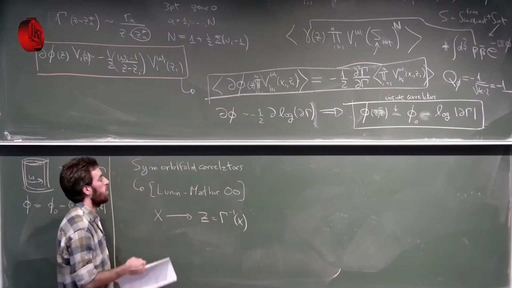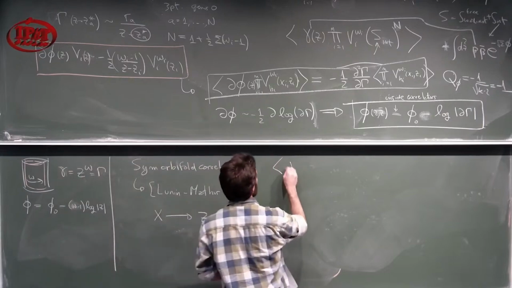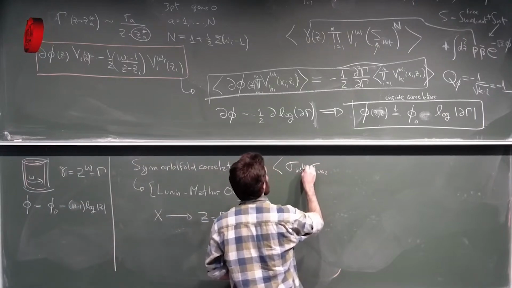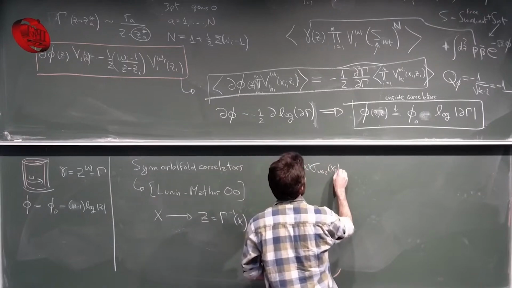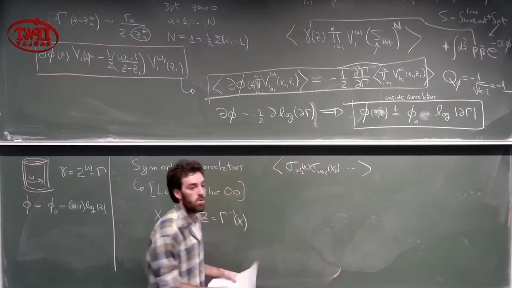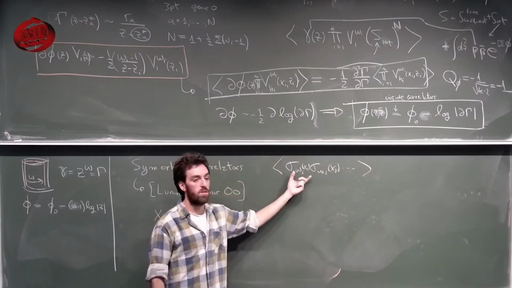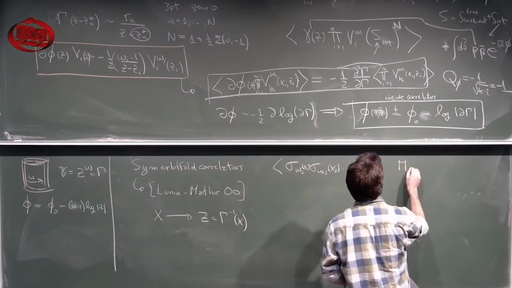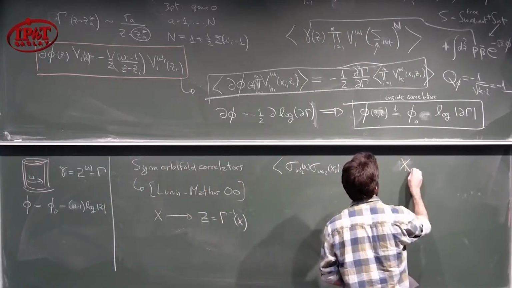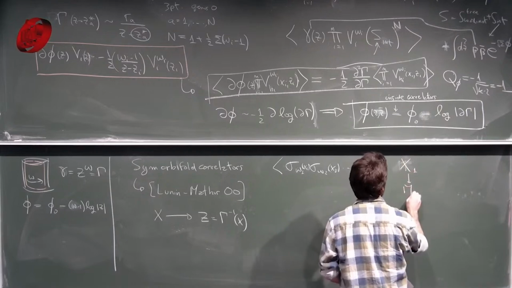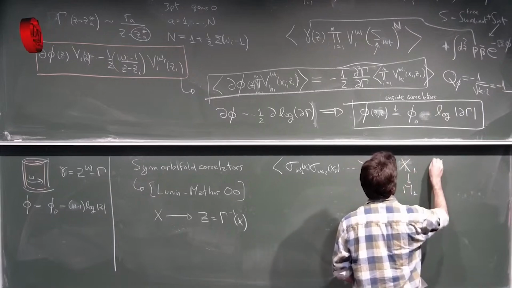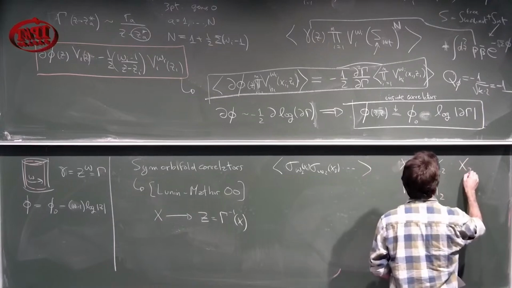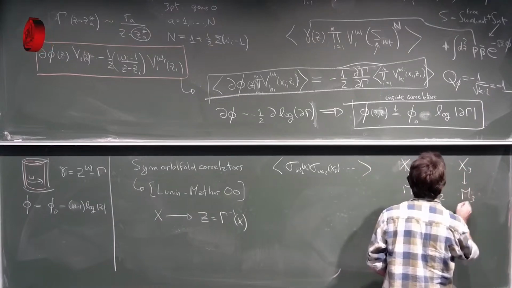You have a series of operators, for example, of twist operators, omega 1 at x1, omega 2 at x2, etc. You want to compute these correlators, where what these operators do is they take different copies of the theory. So you take some field x1 being in the copy n1, some field x2 being in the copy n2, x3 being in the copy n3.